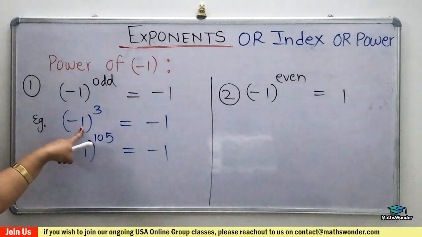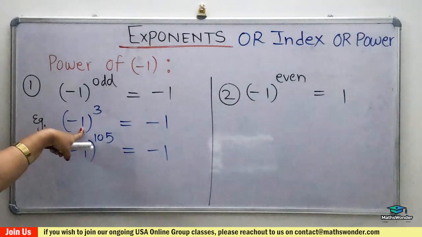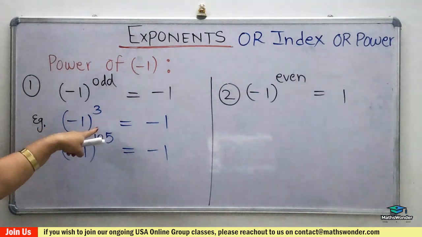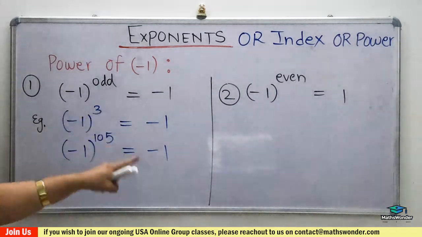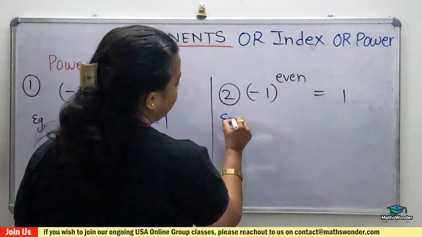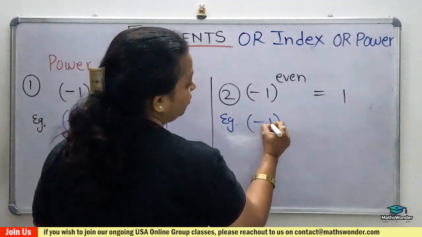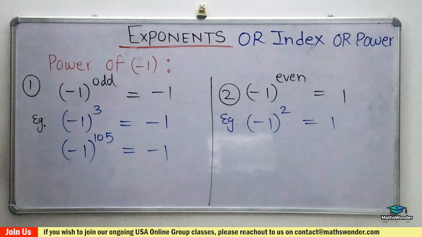So the 1 will not change, okay? But the number can vary, right? If 2 is here, you will multiply 2 three times, so the answer becomes 8. But yes, the sign will be the same because it's an odd power. For an even power, -1 raised to the power 2 will give the positive answer.